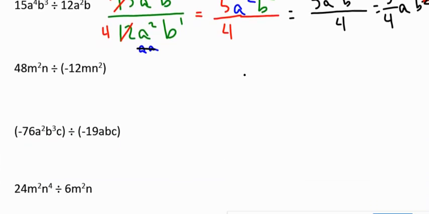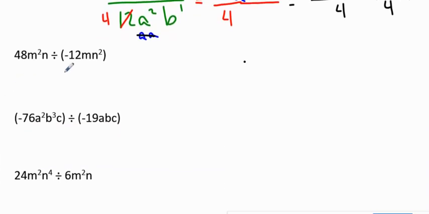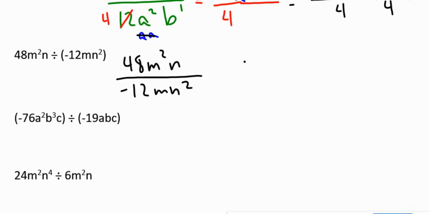Let's look at our next one. I have 48, I'll write it out normal, m squared n divided by negative 12 m n squared. Again, if it's helpful, you could separate your factorable factors. So 48 divided by negative 12 is a negative 4. M squared divided by m is m.